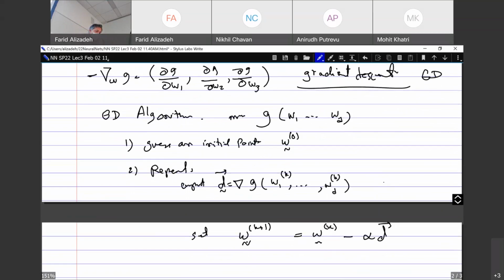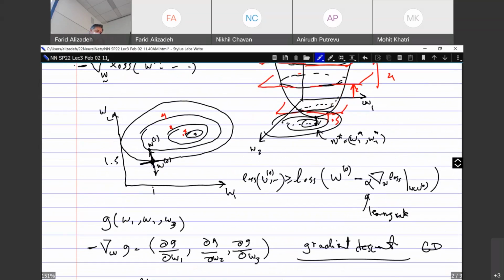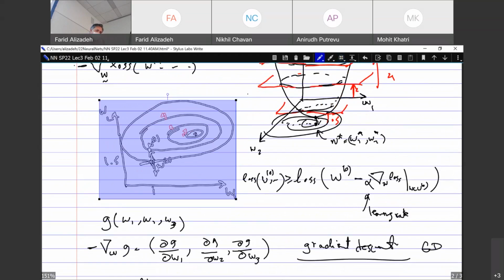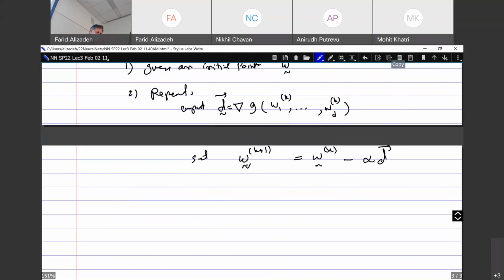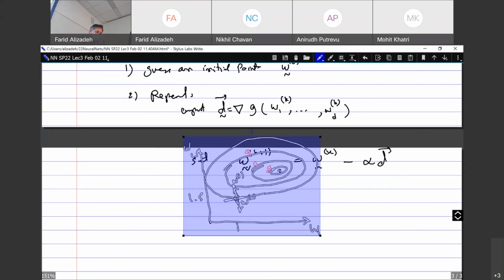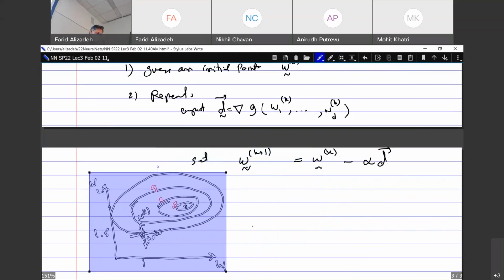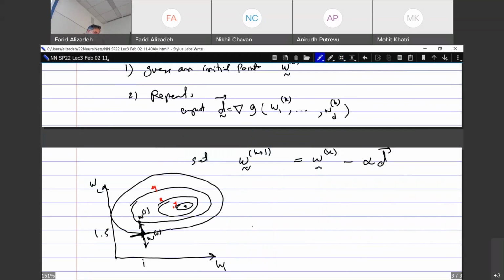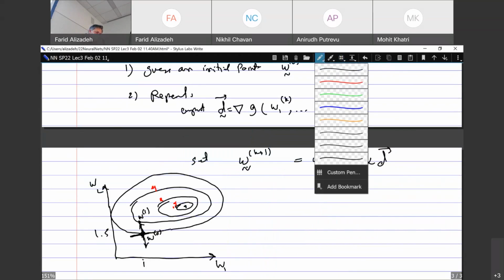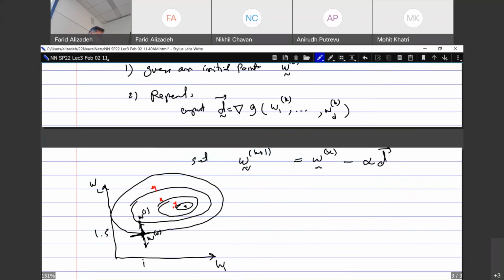So if you want to visualize this, what I do is, I'm here, I'm going to go here, then at this point, I'm going to go here, and then at this point, I'm going to go here.